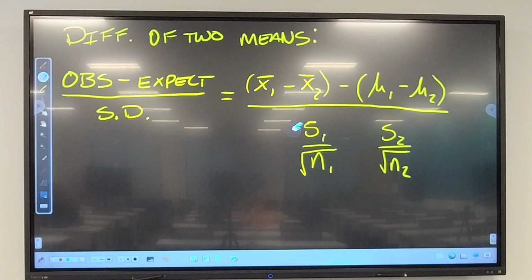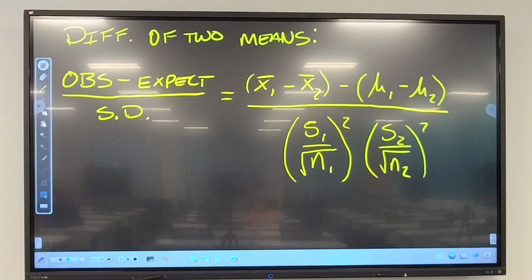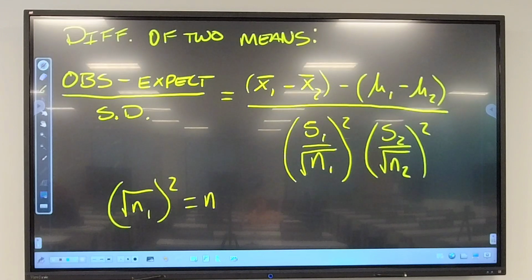But what you can do is, like I was saying, if I square this one and square this one, then the radical in the denominator won't be there, right? Because the square root of something and then you square it is just that something.